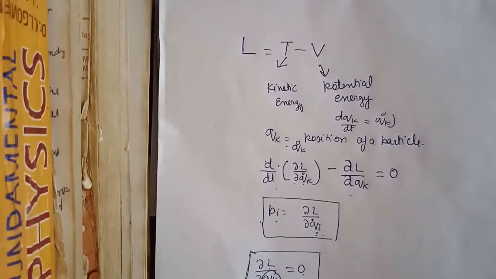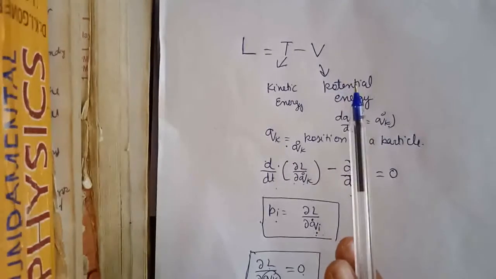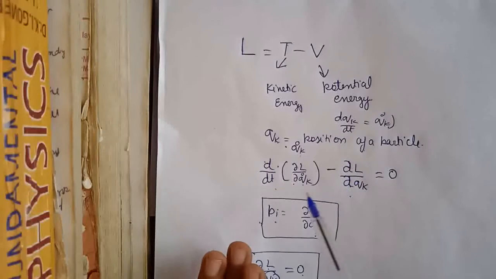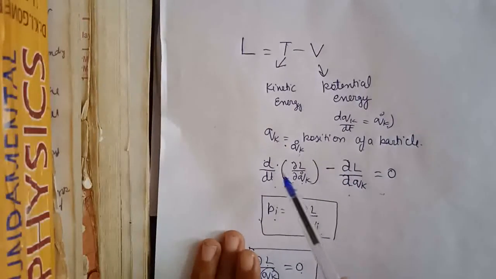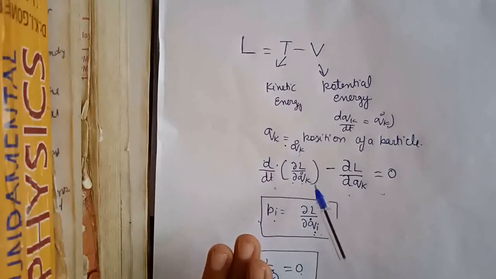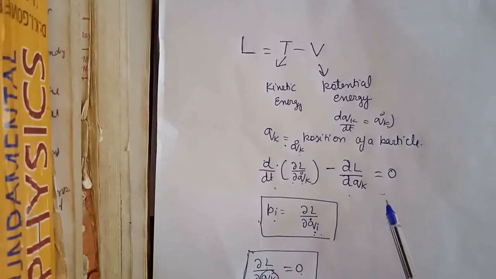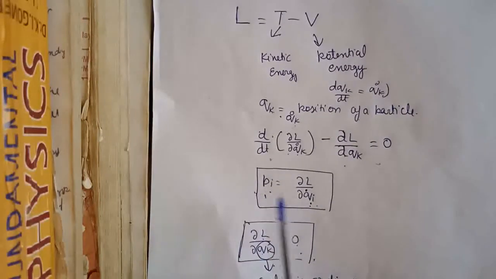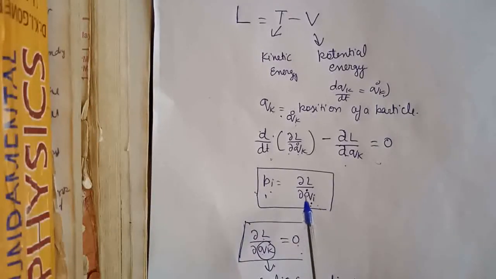So what have we learned till now? Lagrangian is kinetic energy minus potential energy, and if qk is the position of a particle and qk dot is its velocity, we can write the Lagrange equation as d by dt of del L by del qk dot minus del L by del qk equal to 0. And we can write the generalized momentum conjugate to velocity in the form of Lagrangian as del L by del qk dot.